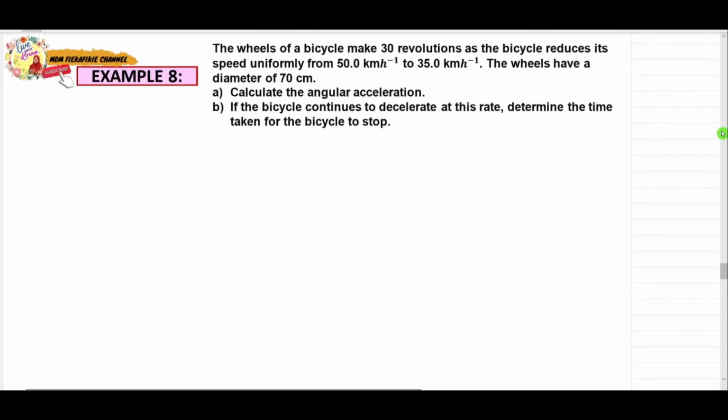Now example number 8. Actually after example 6 it should be 7, right? But it went straight to example number 8. Never mind. So the wheels of a bicycle make 30 revolutions as the bicycle reduces its speed uniformly from 50 km per hour to 35 km per hour.